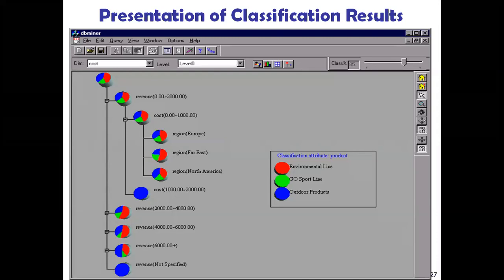Again, that is divided into cost 0 to 1000, and next cost 1000 to 2000. That is the outdoor products, all blues represent the outdoor products. So here, when the cost is 0 to 1000, that is the environmental line, sport line, outdoor product.